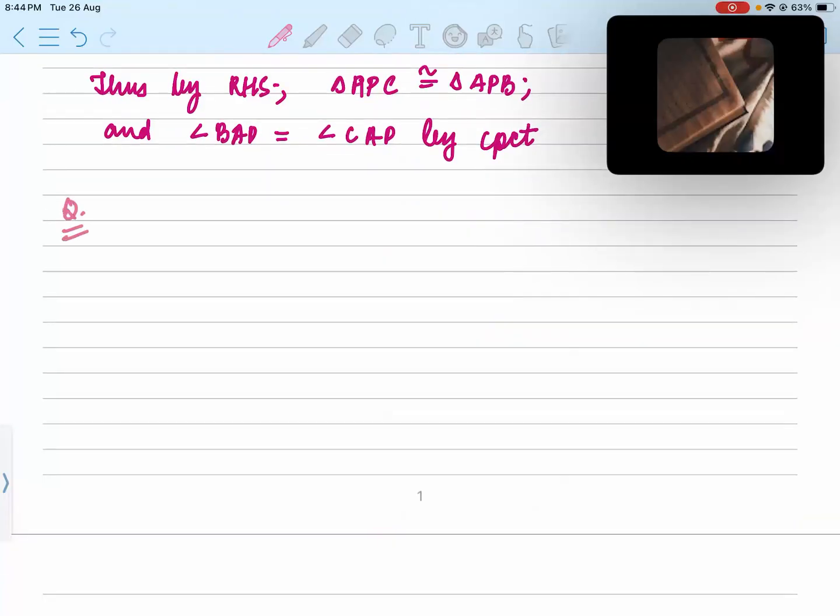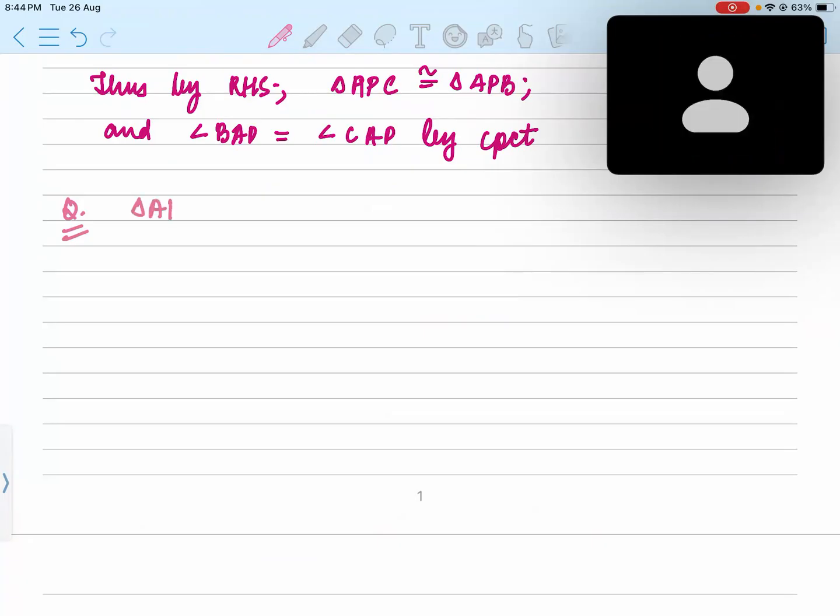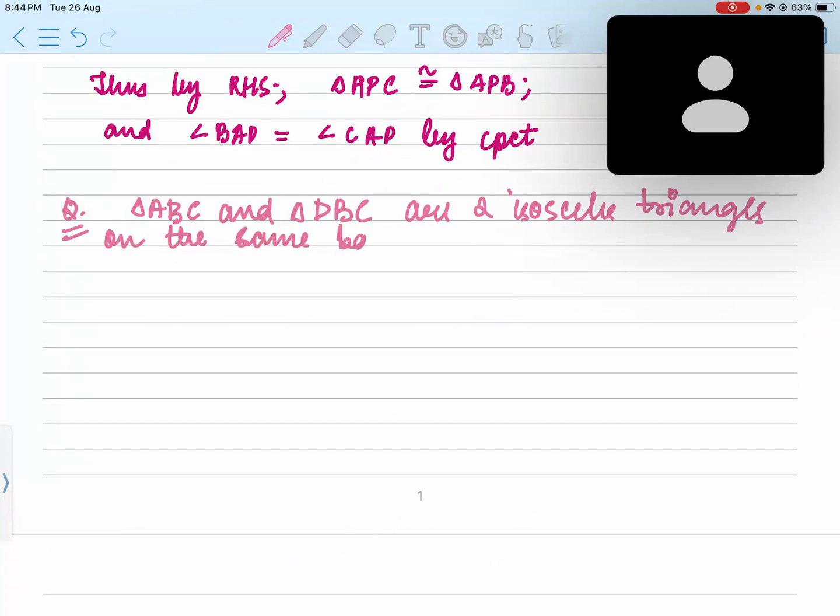See, the next question is from NCERT. Triangle ABC and triangle DBC are two isosceles triangles on the same base BC, and vertices A and D are on the same side of BC.